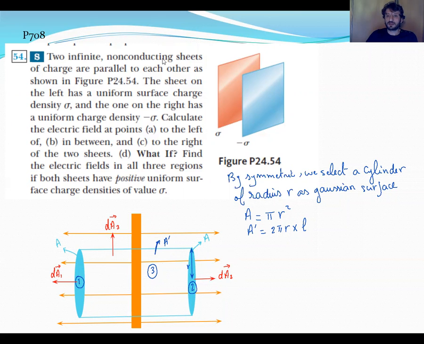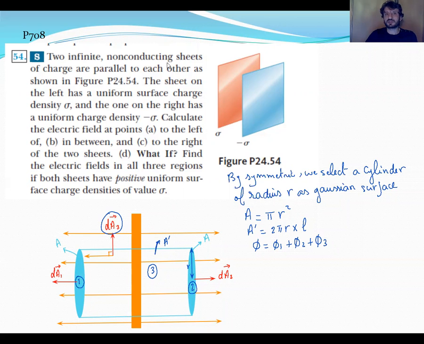In general, if we want to calculate the total flux created by the plate, it equals flux 1 plus flux 2 plus flux 3. On the lateral side, as you see here, dA3 is perpendicular to E, because E is in this direction. So the angle between them equals 90 degrees.